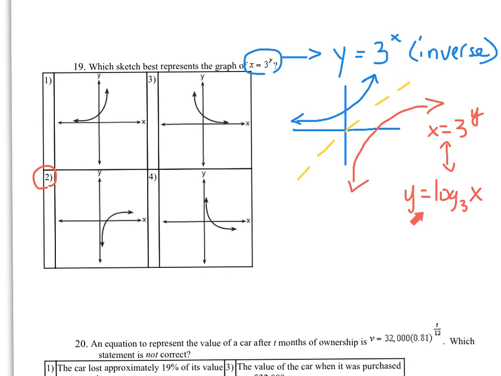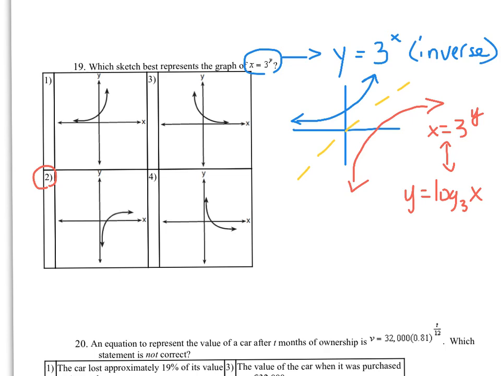Okay? So, I don't know if you remember, hopefully you do at this point, circle the base, run the race. See? The base is 3, the exponent is y, and that's what we have right up here. Okay? So again, answer choice 2.